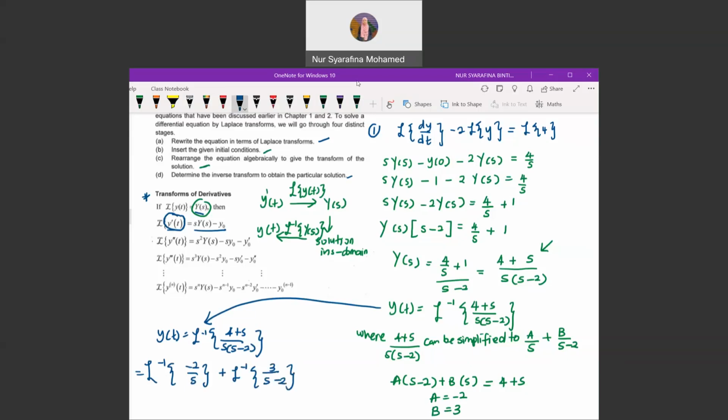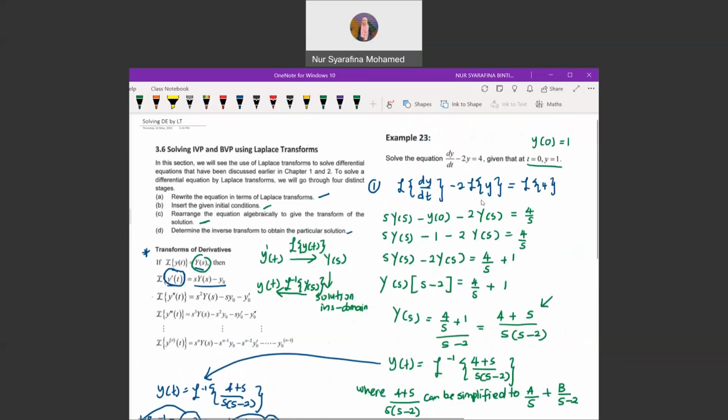So put 3 outside here by linearity property, put the constant outside. So we have our y(t) equals to, this is a constant, minus 2, plus 3 e to the power 2t. So this is how we solve the differential equation by using Laplace transform.